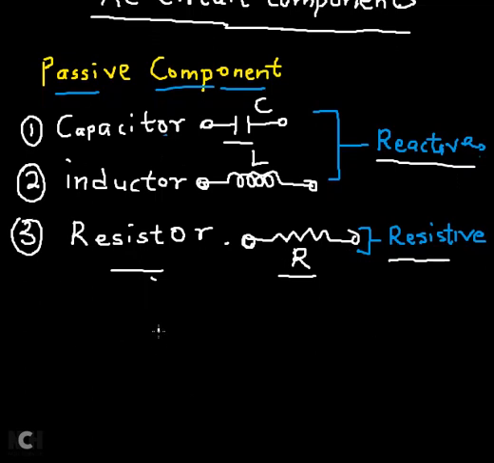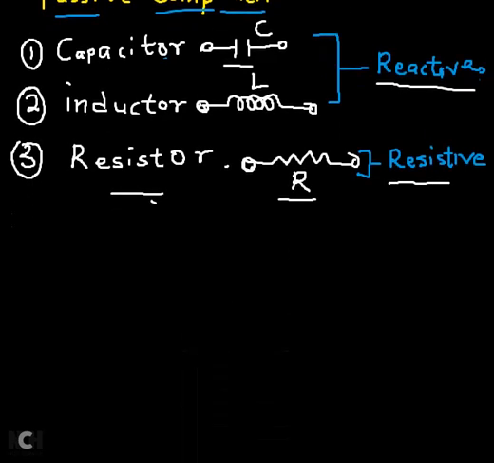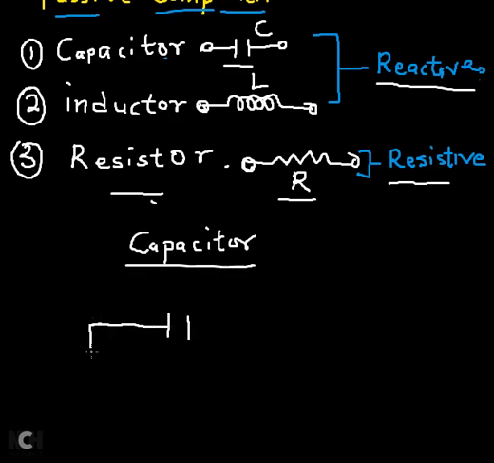Let's see what happens whenever you connect an alternating current source across a capacitor, the capacitor circuit.